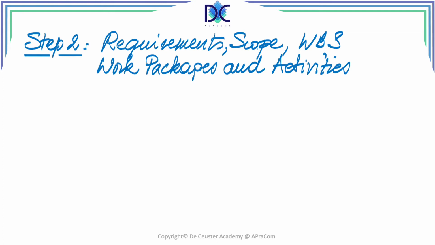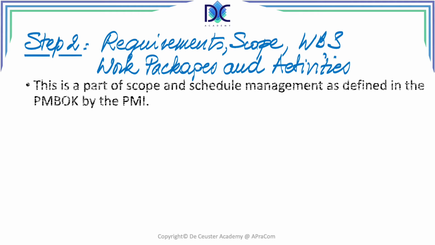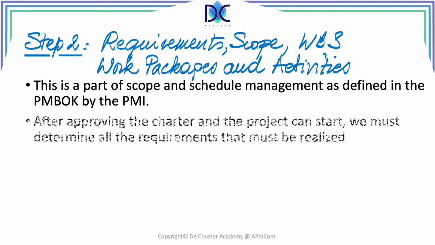We look here at the requirements, the scope, the WBS, the work packages and the activities. This is typically part of the scope and schedule management, as we've seen before when we considered the different knowledge areas. After approving the charter and the project can start, we must determine all the requirements that must be realized.